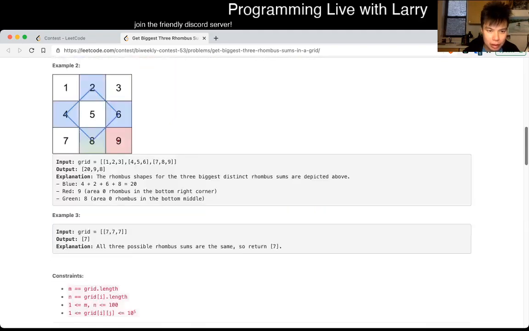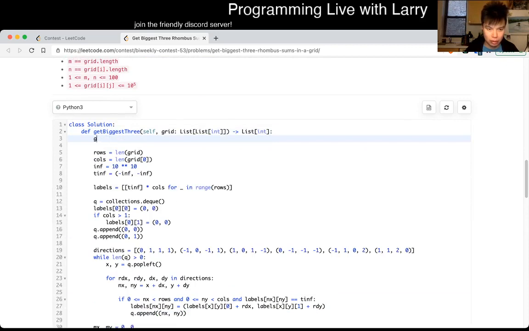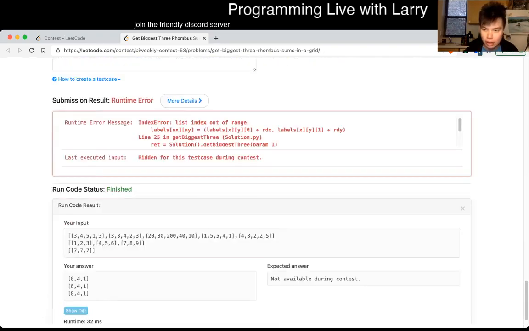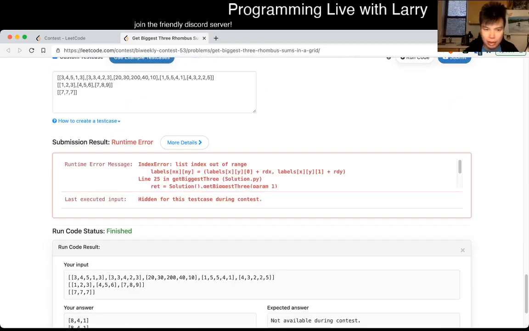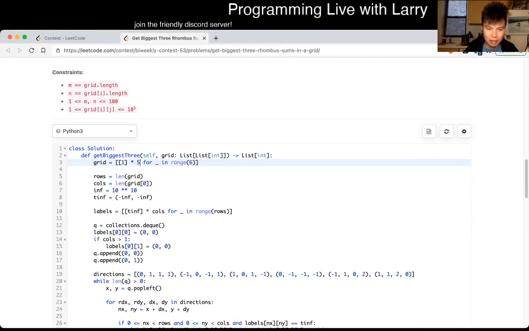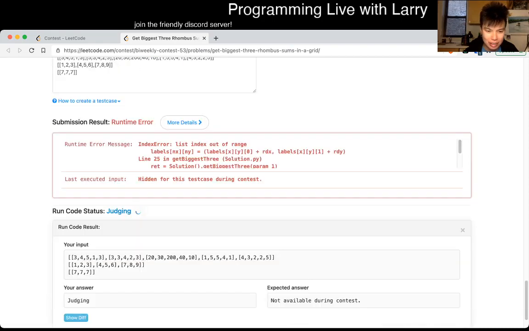Oh man, I was expecting to be done, but I don't get it. How can this be wrong? And this is a hidden case, unfortunately. Okay, let's try 100. It's probably just something silly, but I don't know.